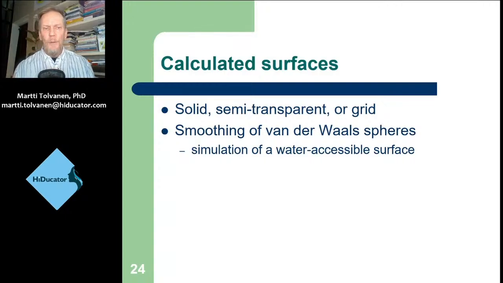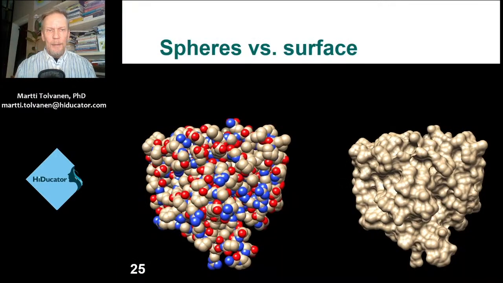So if we want to simulate a water accessible surface, we could do a smoothing of these spherical displays and then show it as a surface. And here's a comparison of the previous sphere diagram and then a smoothed surface.